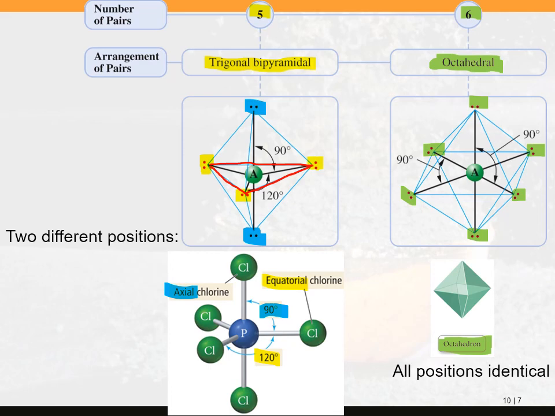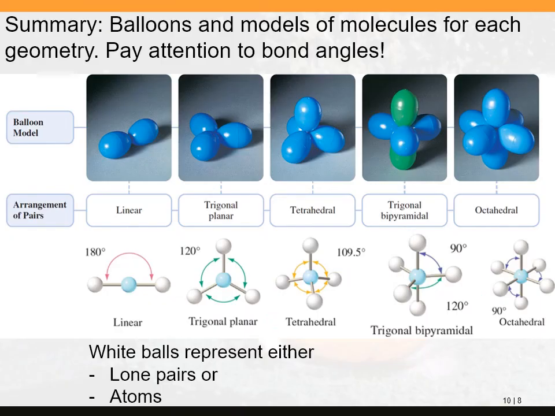All bond angles are 90 degrees, so all positions are identical here. Here's a summary of the 5 different arrangements that we have seen so far for 2, 3, 4, 5, and 6 electron domains. The balloon models also show how these different electron domains can be placed according to their total numbers.